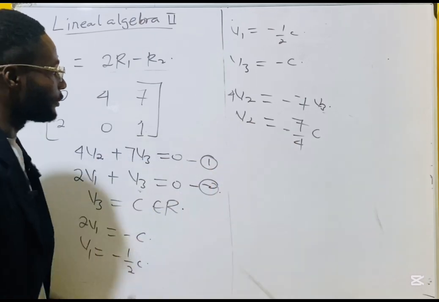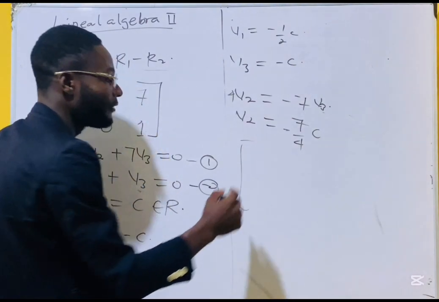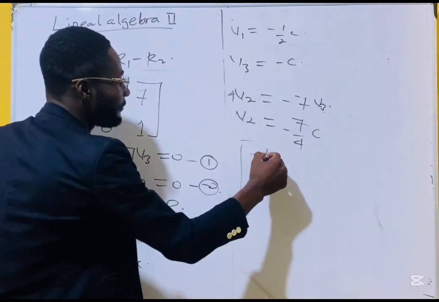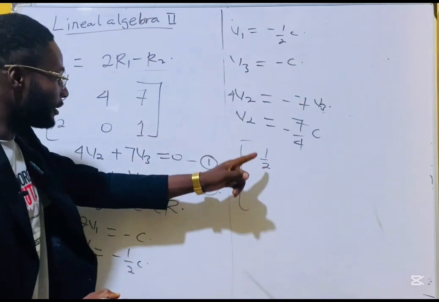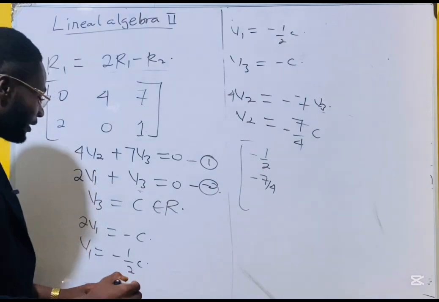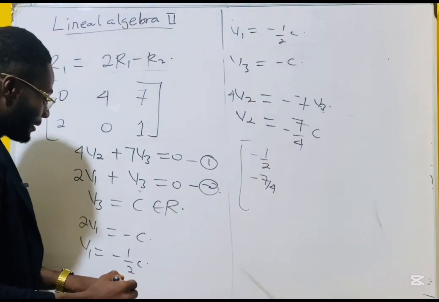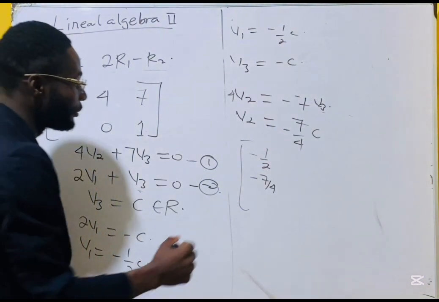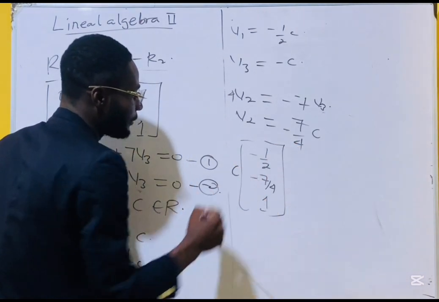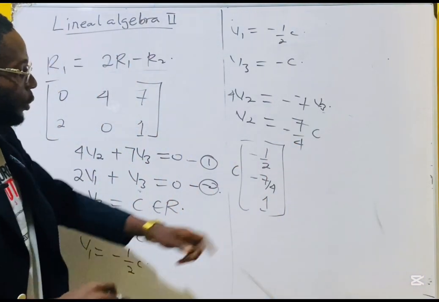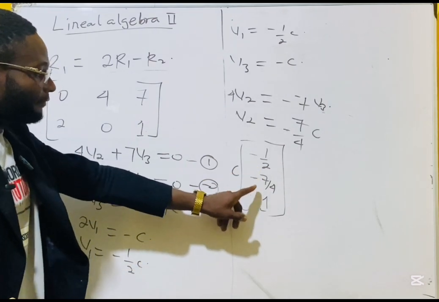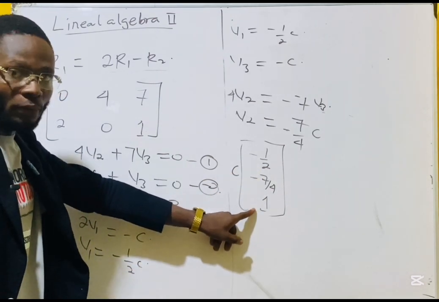The intersection, which is V1, V2, and V3: V1 is minus half, and V2 is minus 7 on 4, and V3 is C. So we're going to have 1 here. Then we bring the C out, so we have the intersection to be minus half, minus 7 on 4, and positive 1.